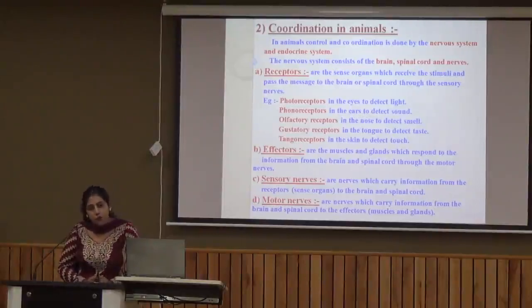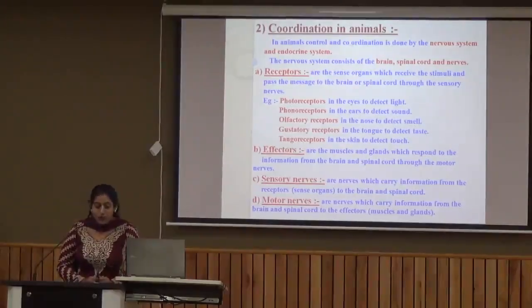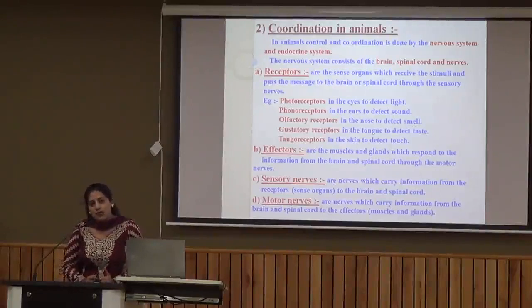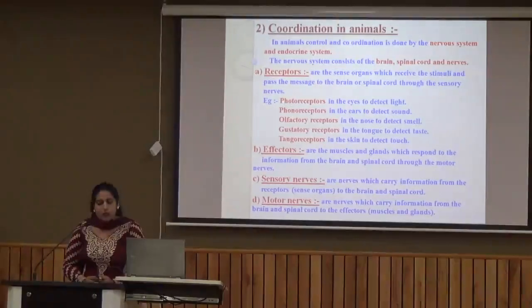First is photoreceptors. The name itself suggests photo means light, that means it is a receptor present mainly in eyes. Second is phonoreceptor. Phono means phone, that is sound. Okay. So this is a receptor which is present in our ear. Third is olfactory receptor. It is a receptor which is present in our nose to detect the smell.